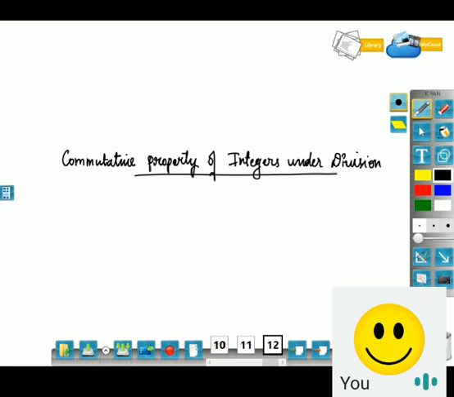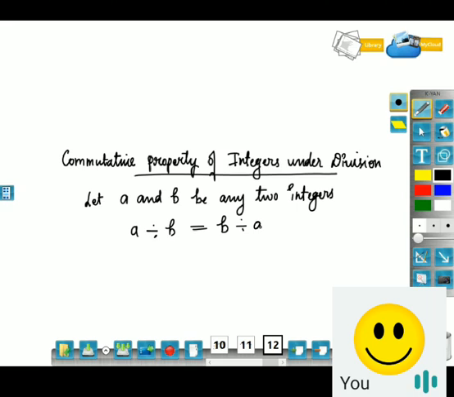How to check? We have to take any two integers. For the commutative property we check with two integers. So let's take the two integers as a and b. Let a and b be any two integers. According to the commutative property, a divided by b should be equal to b divided by a.